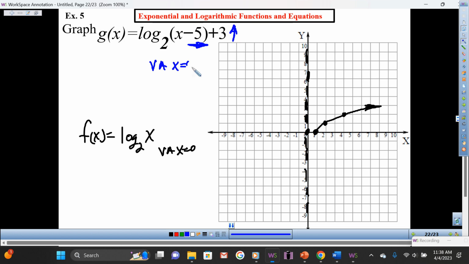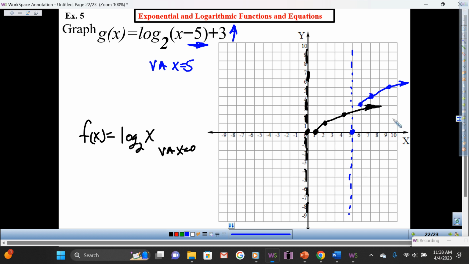Five. Let's go. So at 5, let's get our new VA. And we move each of these points 5 to the right, 3 up. This one, 5 to the right, 3 up. This one, 5 to the right, and 3 up. 1, 2, 3. And there you go.